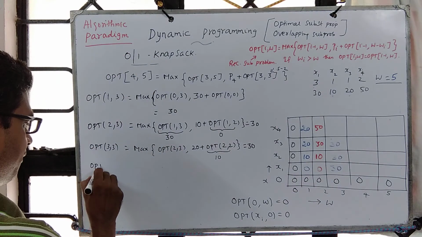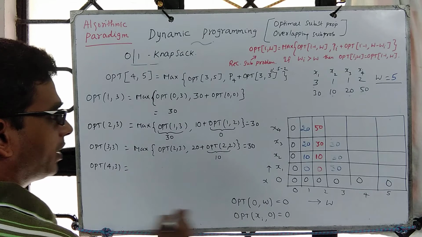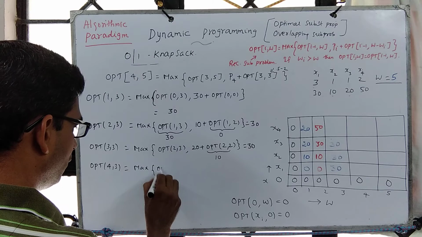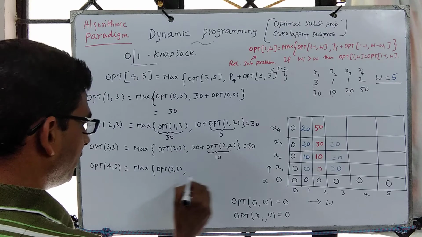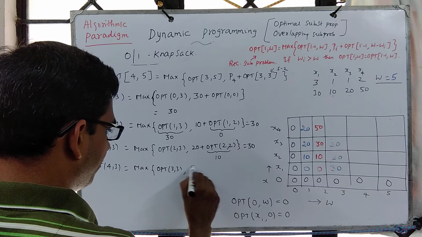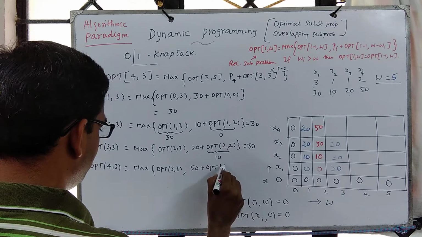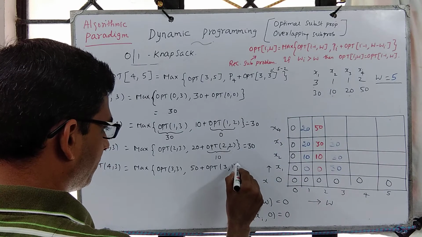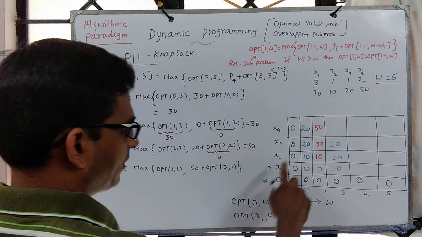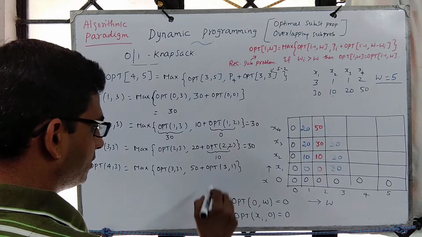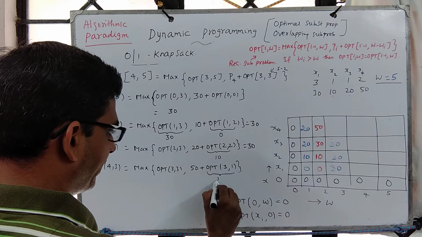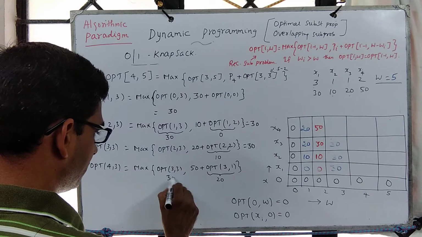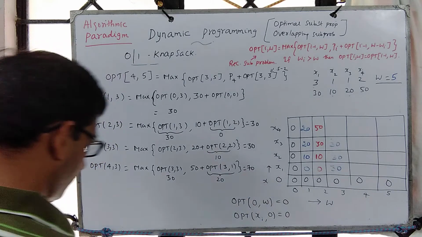Next we look at opt of 4 comma 3, and first 4 objects, local capacity being this, so this is same as exclude fourth and work with 3 comma 3, or include the fourth object, get a profit of 50, and work with the subproblem 3 comma 3 minus 2, which is 3 comma 1, and 3 comma 1 is 20, and opt of 3 comma 3 just now we have computed, this is 30, so we get 70 out of this.